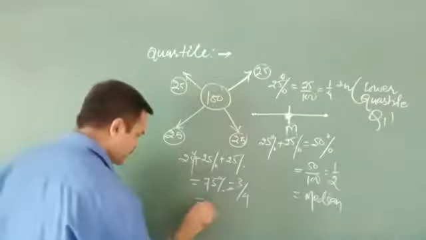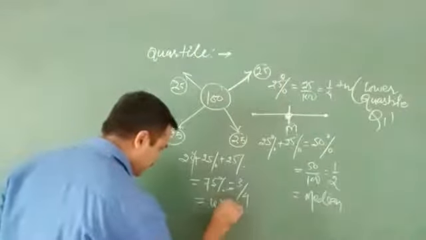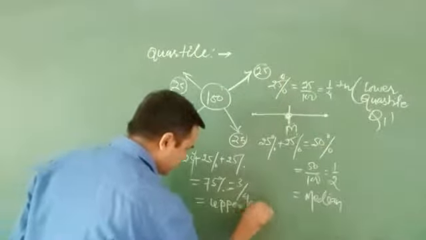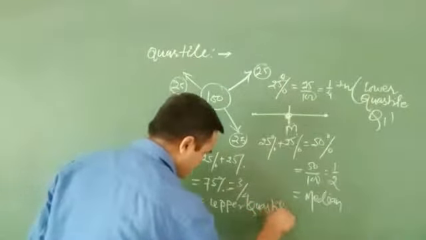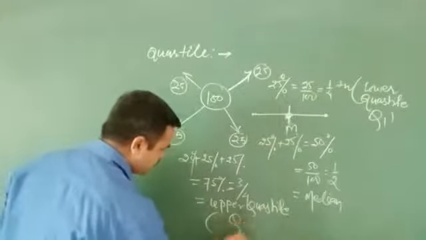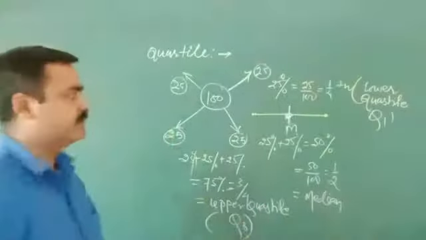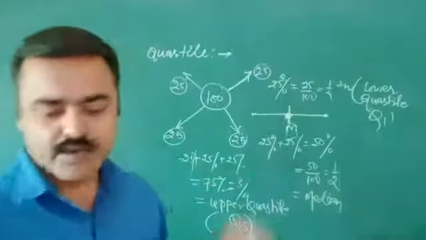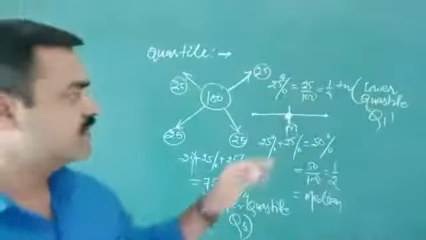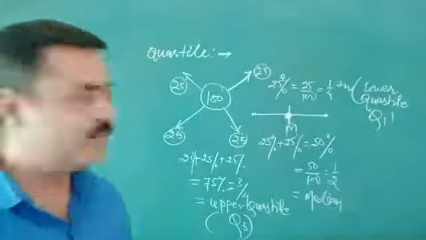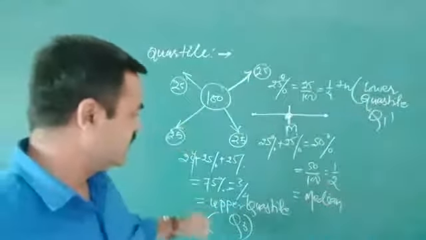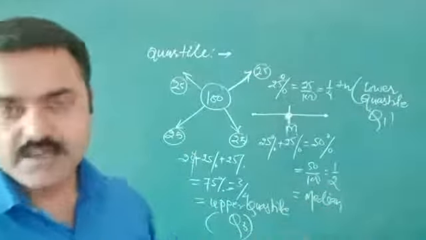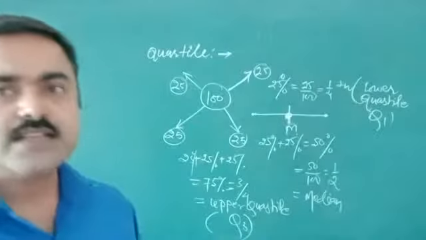So 3/4 is upper quartile, and it is denoted by Q3. So this is the concept of quartile. 1/4 of the data is known as Q1, 3/4 upper quartile, middle term is known as median.